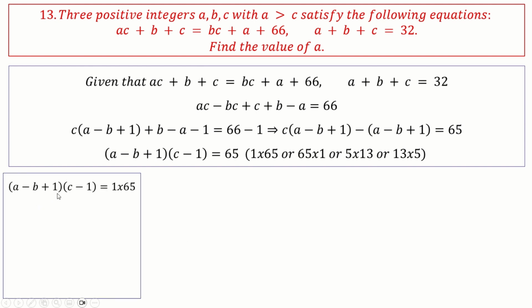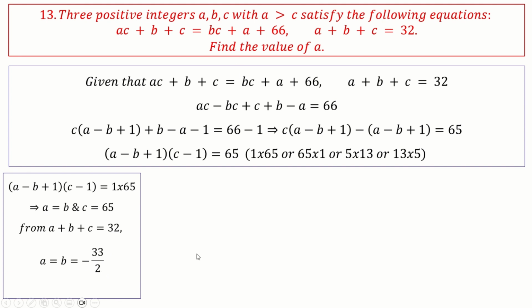Case 1. A minus B plus 1 into C minus 1 equals 1 into 65, which means A minus B plus 1 is 1, or A equals B, and C equals 65. This is one condition. If I substitute in this equation, what I will get is A minus B equals minus 33 by 2. So this is not a possible solution because A, B, C are positive integers.